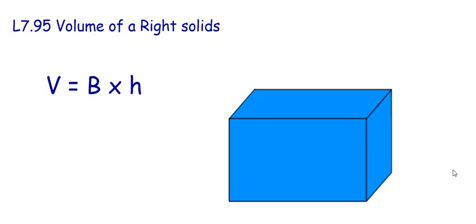The first thing we want to look at is that this formula actually has a lot to do with the same thing. But the benefit of this formula is it can be applied to any prism and also cylinders.